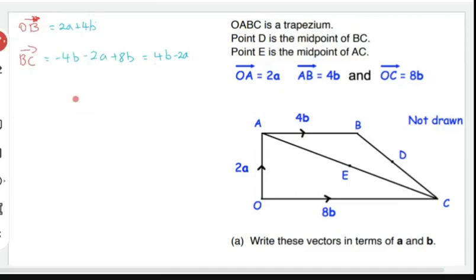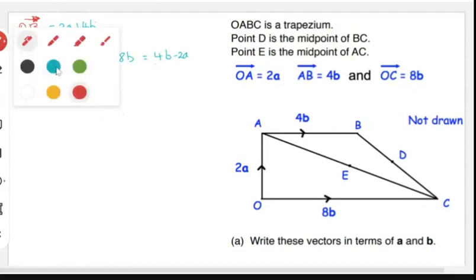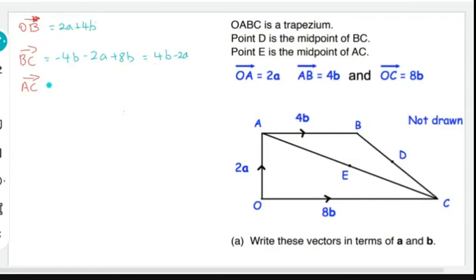Well, you've done B to C, maybe A to C. Would it be 8B minus 2A?